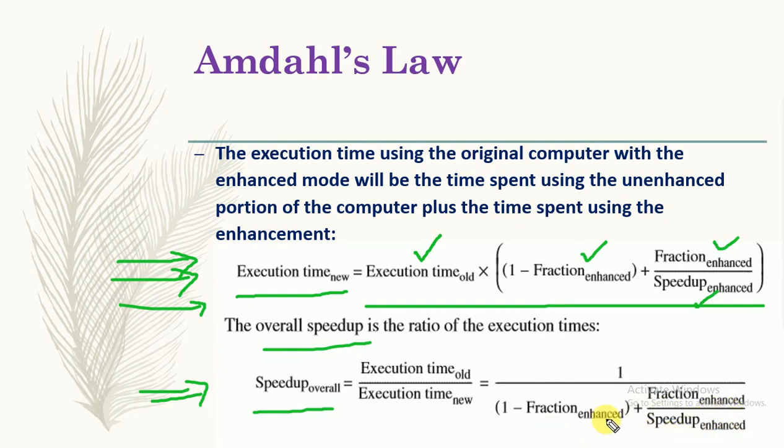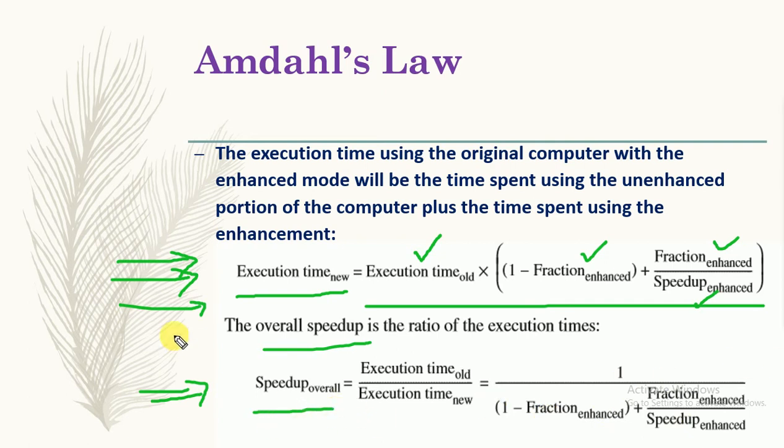What about fraction enhanced? Fraction enhanced is the time, out of the total time, that can be enhanced, divided by the total time. What is speed up enhanced? Speed of the old divided by speed of the new. We'll get the speed up ratio. So based on this, we can substitute the values in this formula and find out the overall speed up.